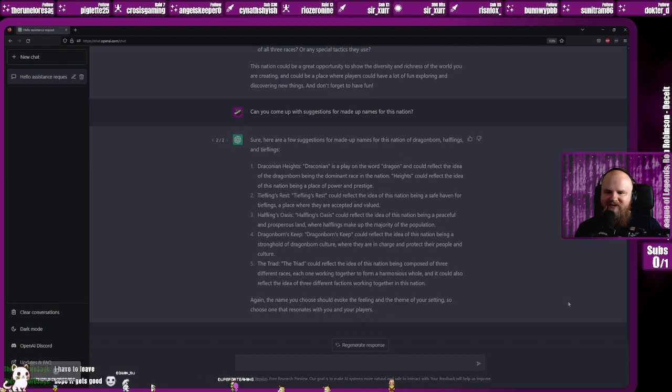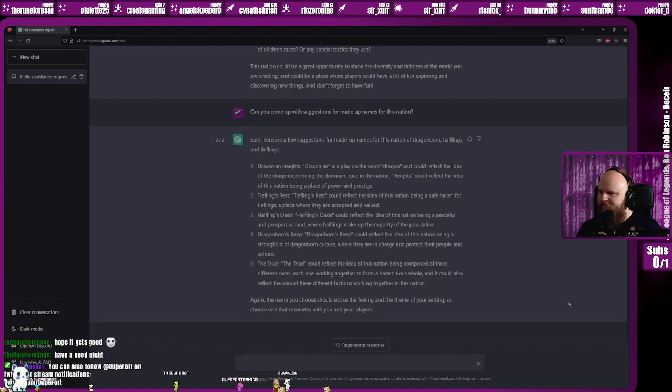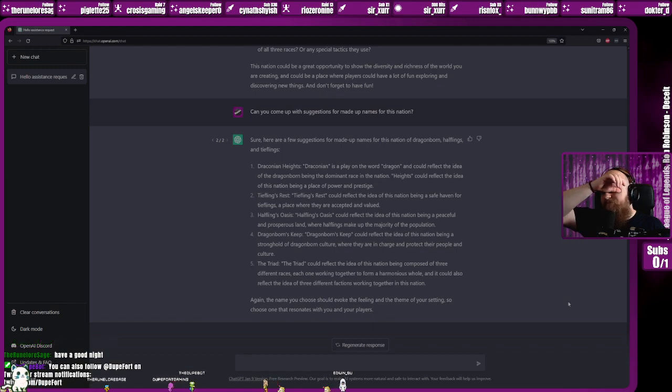Dragonborn's Keep. The Triad could reflect the idea of the nation being composed of 3 different races. Yeah, because I'm more thinking that this is balanced in that way. I wonder if the made-up being in that question makes a difference. Probably not, because it doesn't seem to.